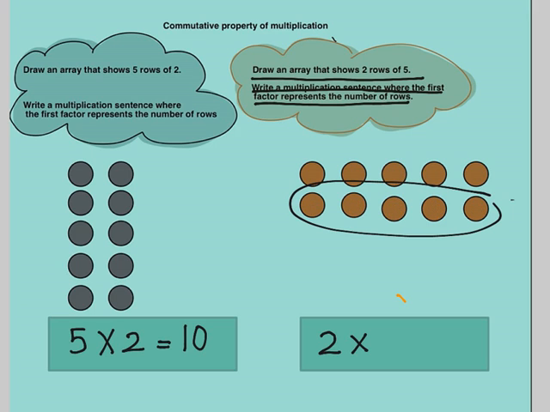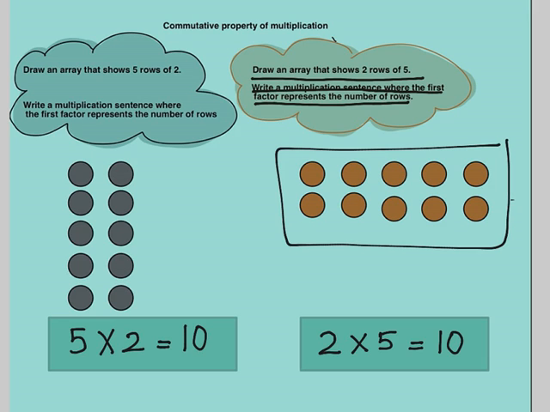Okay, so 2 times 5 equals 10. How did I get 10? 2 times 5 means 5 plus 5 equals 10. If you see in this array, the total will be 10.